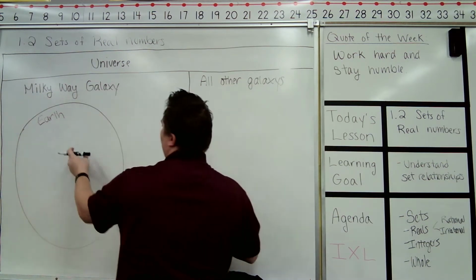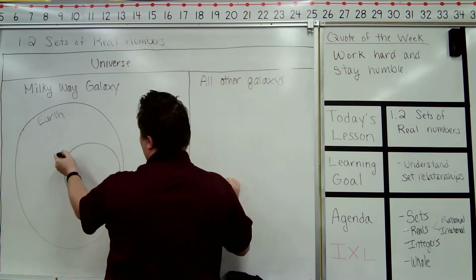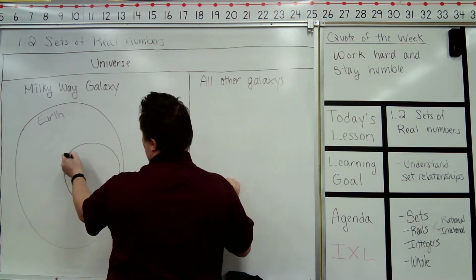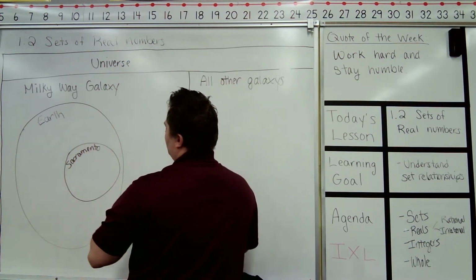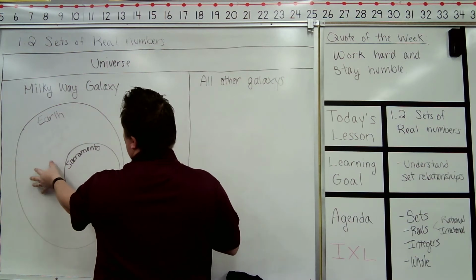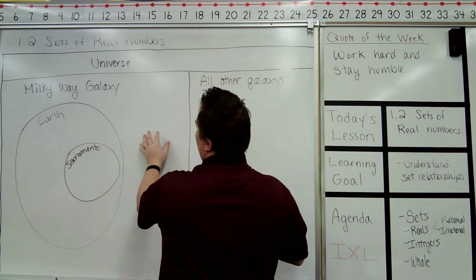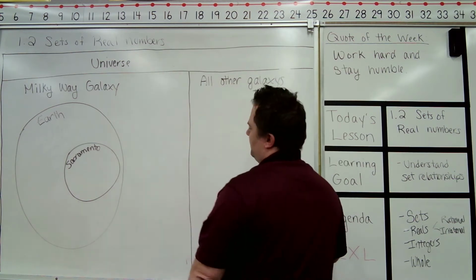Now, as more specific, on Earth, we have this place we like to call Sacramento. Now, this Sacramento blob is located inside the Earth blob, and this Earth blob is located inside the galaxy side, and inside this Milky Way galaxy side is inside the universe.